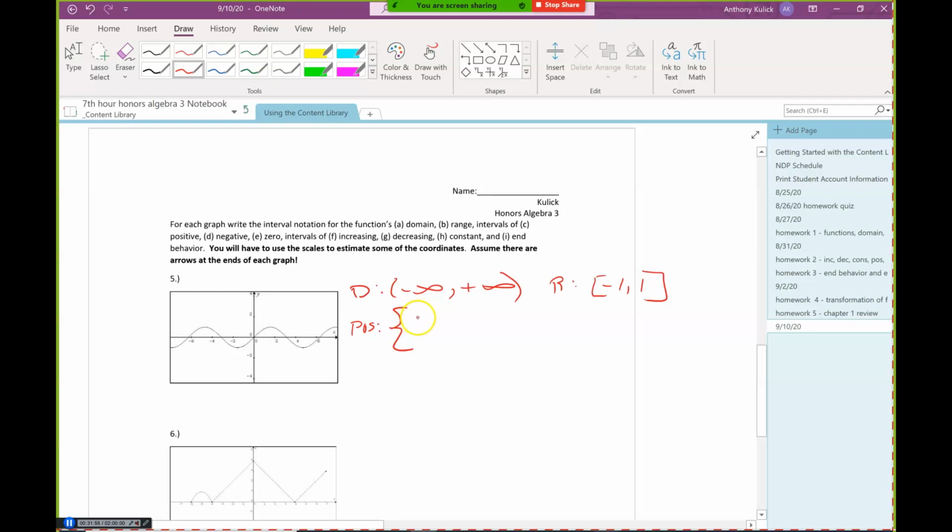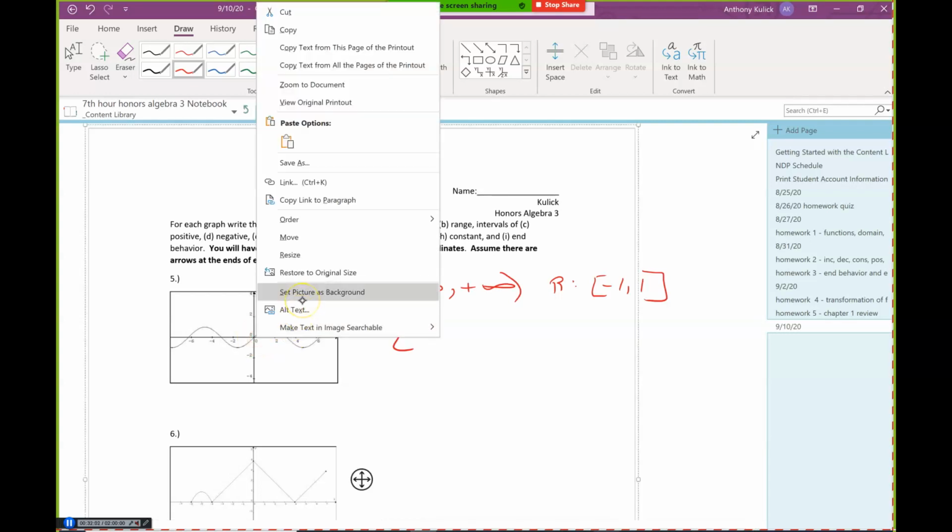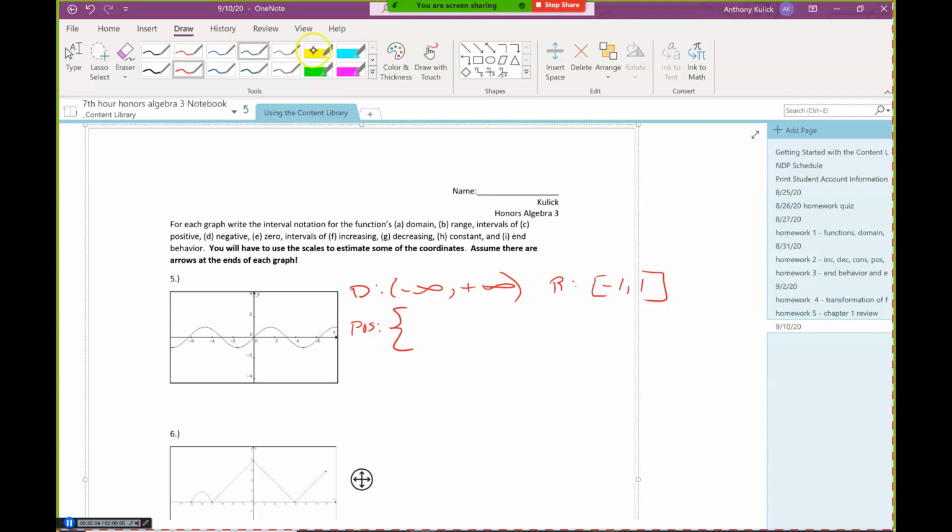So what I'm going to do is use this particular positive interval. That starts at 0 and ends at, I'm going to call that 3.1, is what I'm going to estimate it as. So 0 to 3.1 is one of my positive intervals, right?